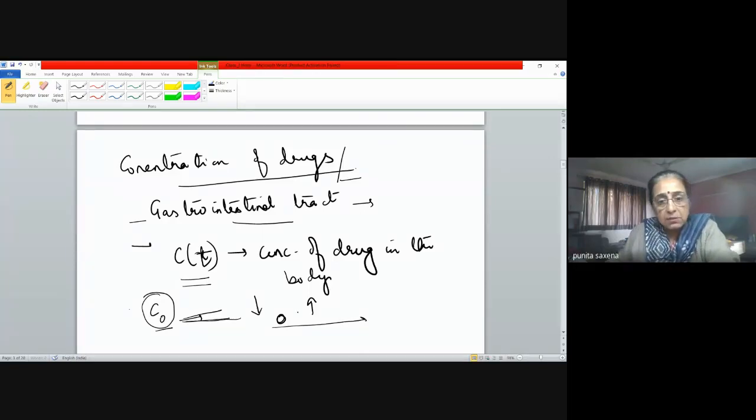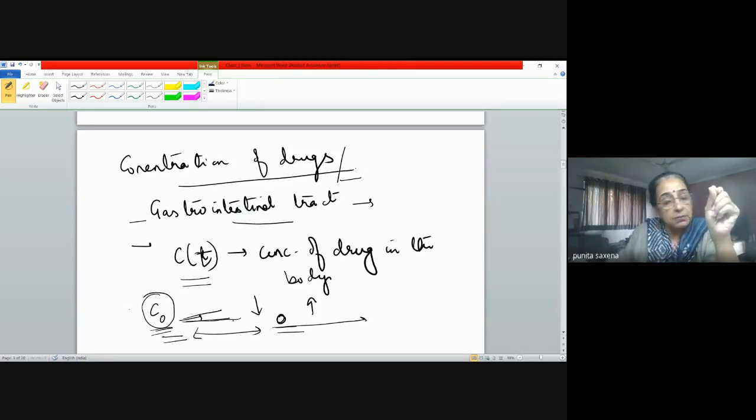Now this transformation, or rate of change from C naught to 0, defines after how much interval of time we should take the drug again, because we do not want the amount of drug in our body to be more than some threshold limit.